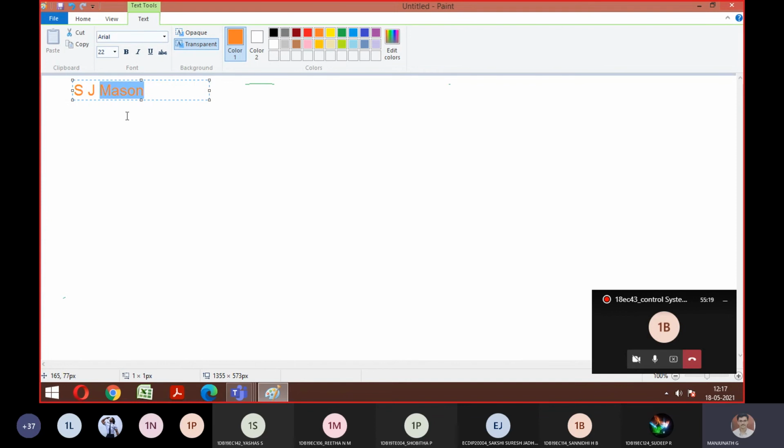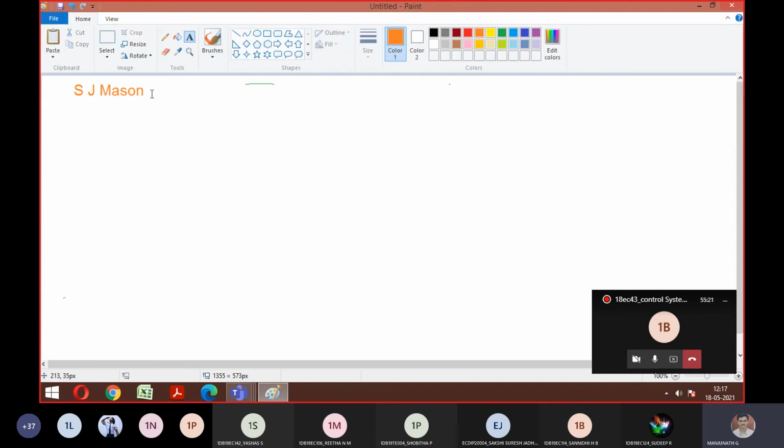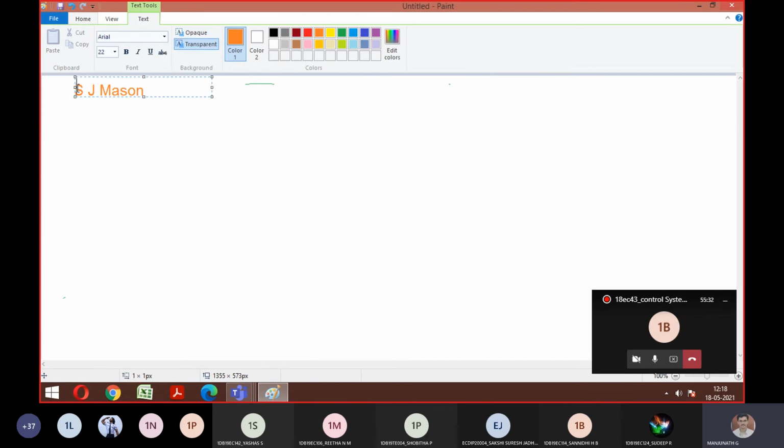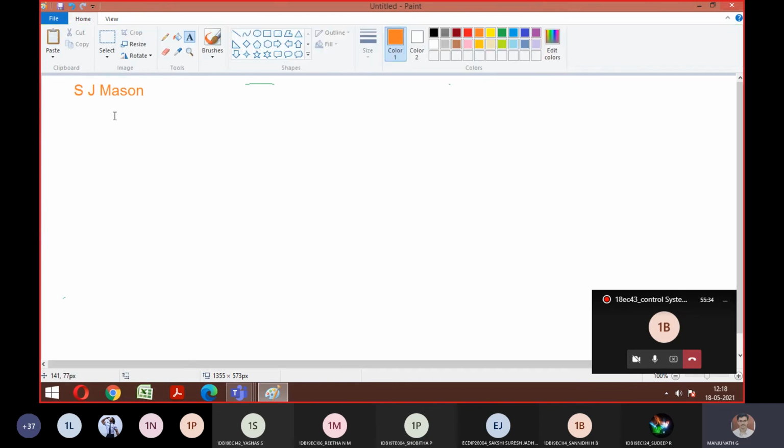Using Mason's gain formula, we are going to find the same transfer function that we used to find using block diagram. So the first point is that it represents a set of simultaneous equations, and the second point is that it was developed by a person called Mason. Is it okay till there? Shall I proceed?